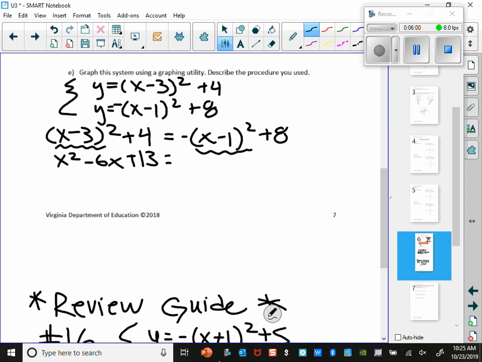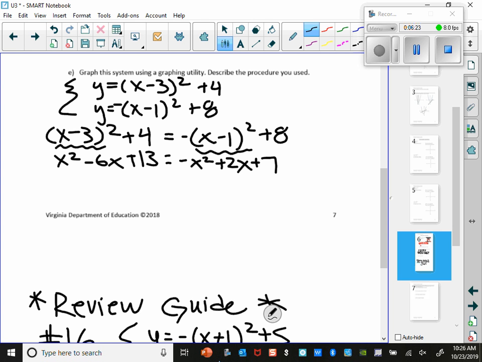That -1. And then after that, we have to add 8. So after we did that, we would get, what was it, negative x squared, and then plus 2x? And then it was plus 7. So that should be what after you simplified.